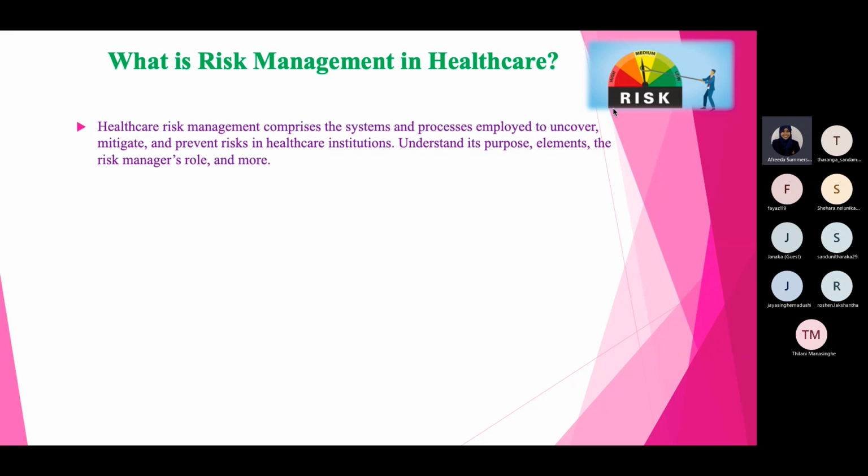And we need to know what the purpose is, right? Why do we need to manage risk in the healthcare sector? It's mainly the safety, right? When you are in the healthcare sector, you have to give safety to the people you serve, and you also need to make sure that you are in a safe place to work.